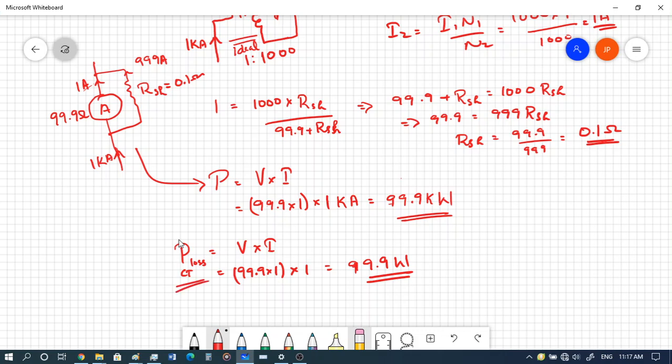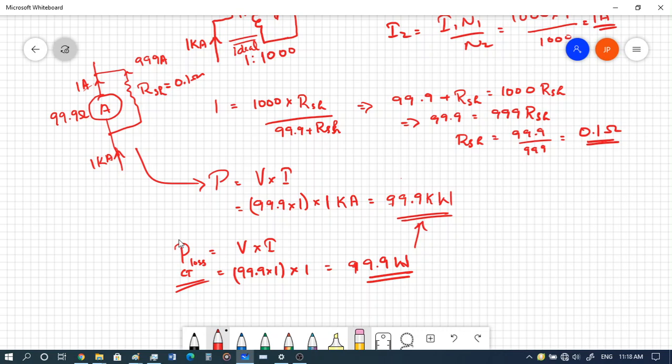But at the same time, the power consumed for measuring using an ammeter and a shunt resistance is 99.9 kilowatt. So in comparison of both of these quantities, the usage of CT is much more efficient because we lose less power in this case.